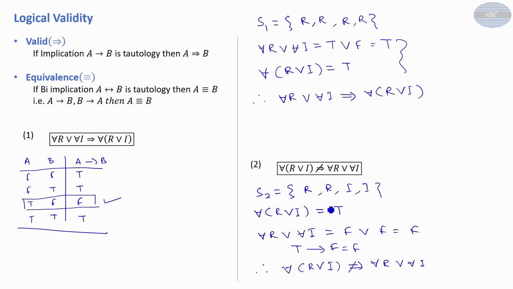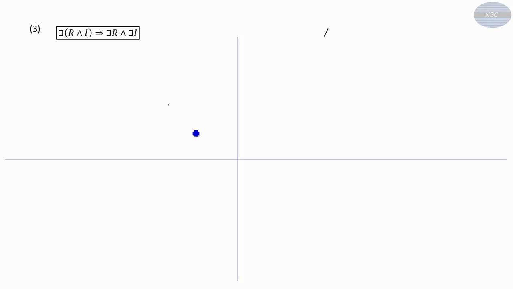Now come to the third one here. In the third case we have there exists R and I. For this we just take an example here. Same thing, in the truth table we'll prove this one, whether the third row, that is, we have true, false.